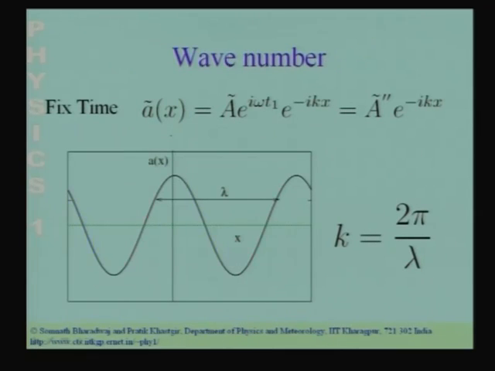Having fixed the time instant to a particular time t1, you can now absorb this factor e to the power i omega t1 inside the complex amplitude, redefining the complex amplitude with a different phase, where you have absorbed the factor i omega t1.